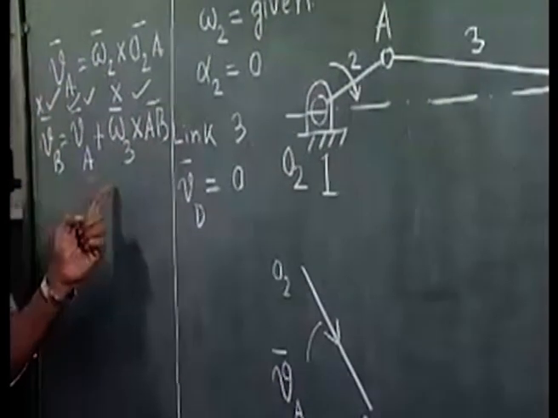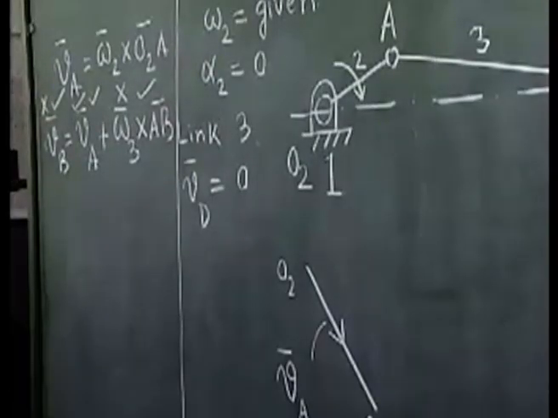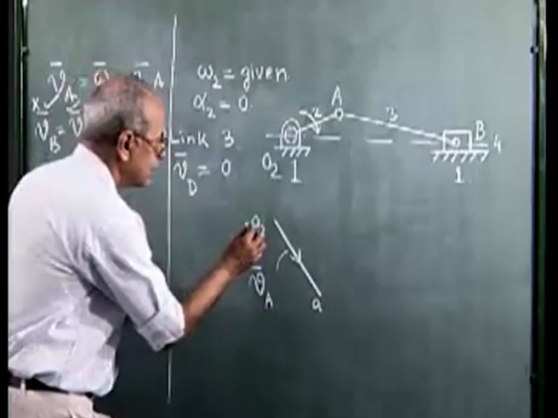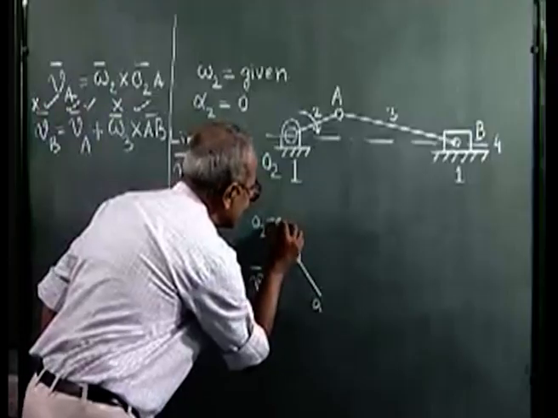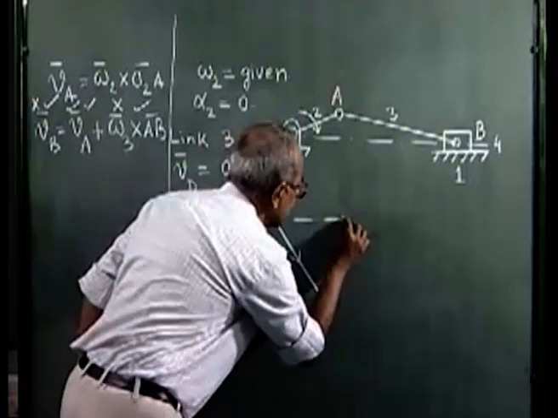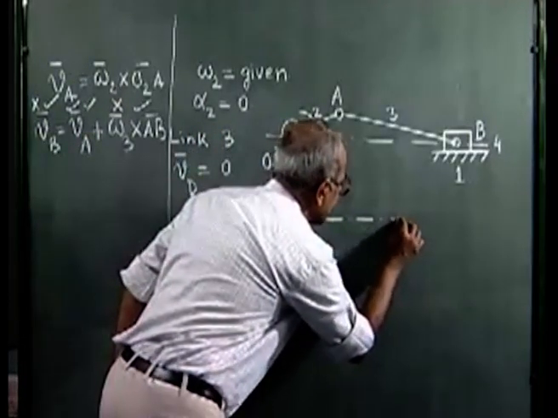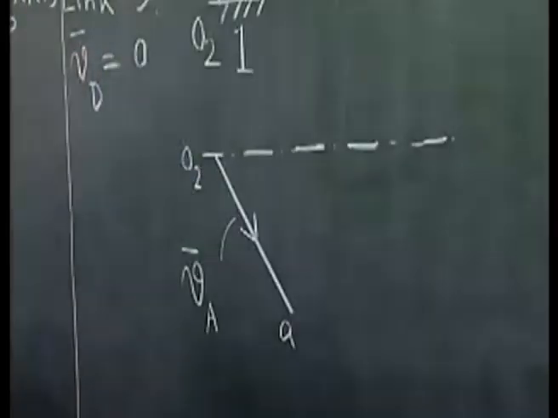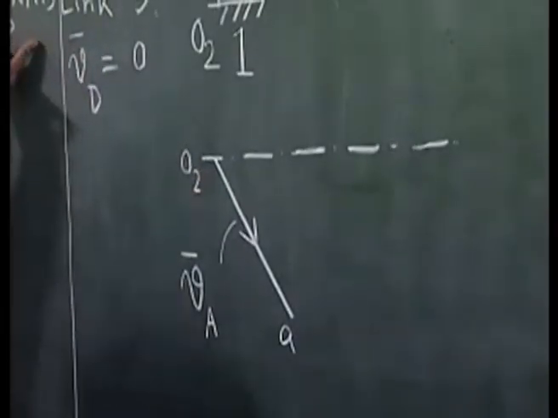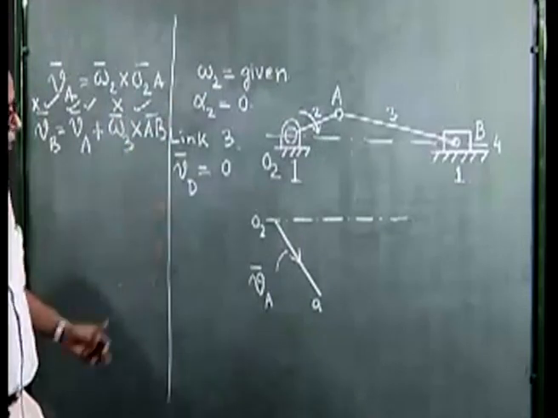So this equation now can be solved graphically. To satisfy this equation, because VB is horizontal, I draw a line horizontal and passing through o2. Now this vector omega 3 cross AB is perpendicular to AB.